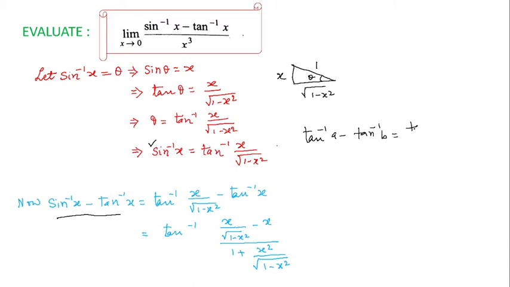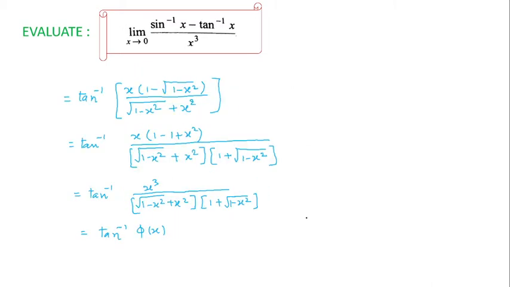It is tan inverse of A minus B divided by 1 plus AB. Using the same formula, here we get tan inverse of this much.